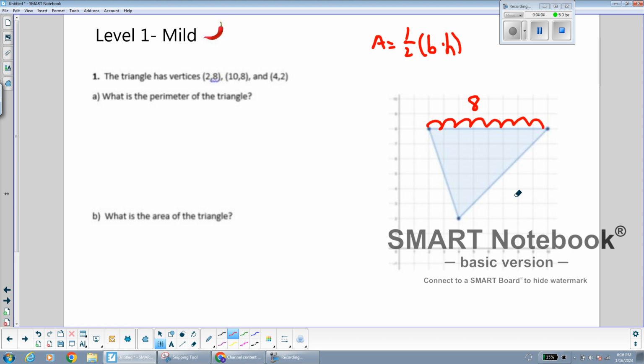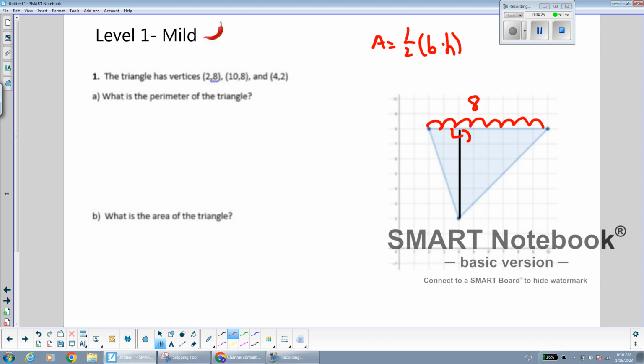You can think of height as the altitude, and that's a perpendicular line through the opposite vertex. So the opposite vertex to the base would be here. So a perpendicular line straight down would be right here. So this would actually be the altitude, or the height of the triangle, from the very top to the very bottom of the triangle.